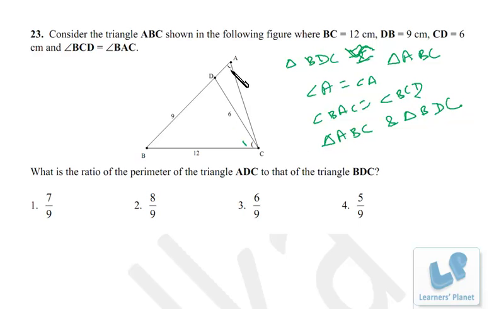Okay, now just see carefully. You need to be clear how to put the sides in ratio, right? Because if you put a wrong ratio or a wrong relation of sides, then you will be getting the wrong answer, right? Now I'm comparing between triangle ABC and triangle BDC.